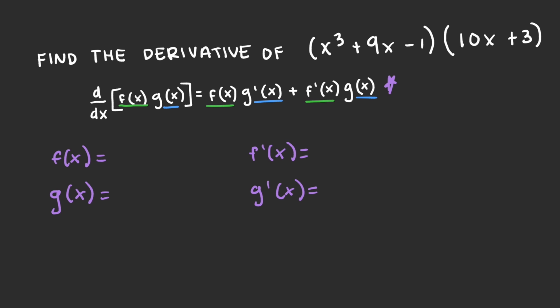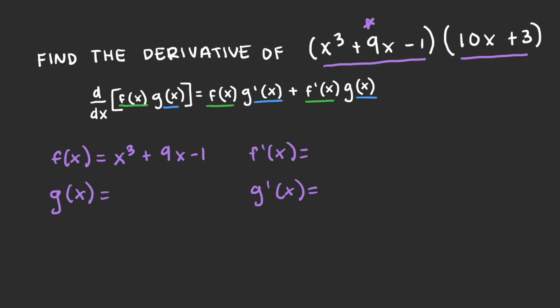Okay, let's use the product rule again, which remember is denoted by this right here, to solve for the derivative of x cubed plus 9x minus 1 times 10x plus 3. So again, we're going to divide it into 4 parts, f of x, g of x, and both of their derivatives. So f of x is just our first function right here, x cubed plus 9x minus 1.